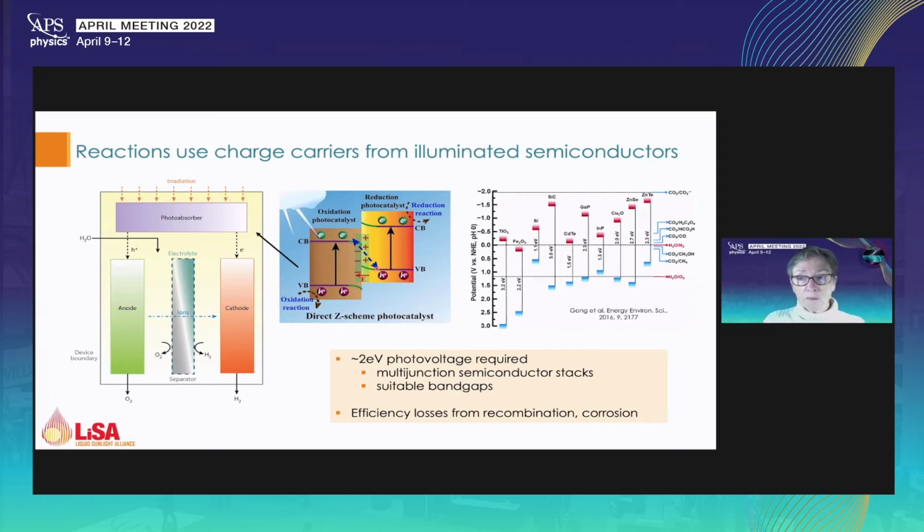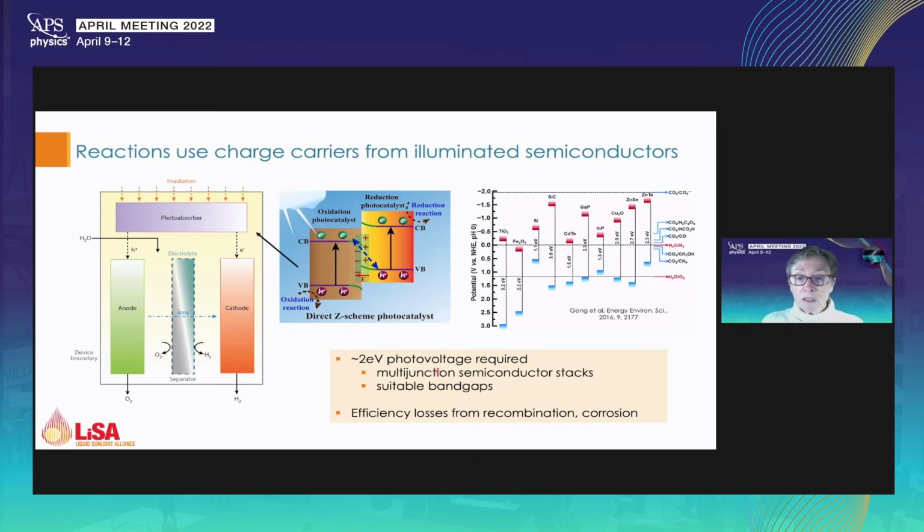So let's start with the semiconductor physics. You have your semiconductor, they're back to back, you have a junction, they separate charges, and this is all well and good, but there are important constraints here. One is that you need at least a 2 electron volt photovoltage to really make this work well. And that's true even for water splitting. Water splitting can get away with a little bit less, but for CO2 reduction, you absolutely need the full 2 volts.